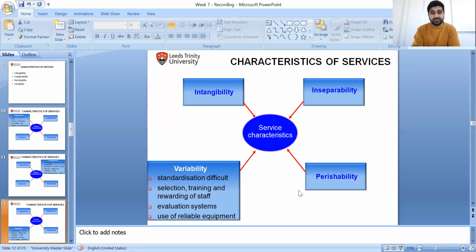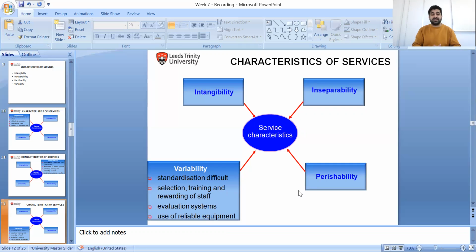Evaluation systems. So it basically evaluates the systems, use of reliable equipment. In services, we use reliable equipment. Without infrastructure, without a specific environment, we cannot provide any service.